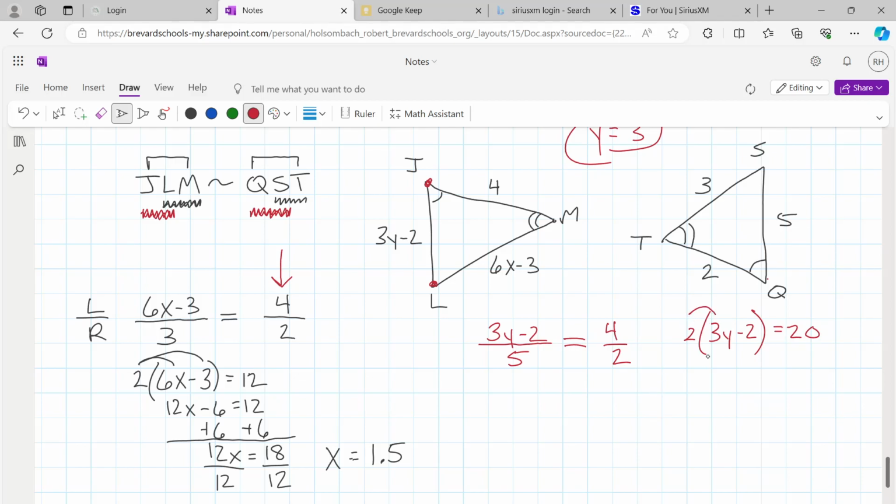Our 2 times 3y is 6y, and our 2 times negative 2 is negative 4, equal to 20. Add 4 to each side. Our 6y equals 24, and then divide both sides by 6. And our y is equal to 4.